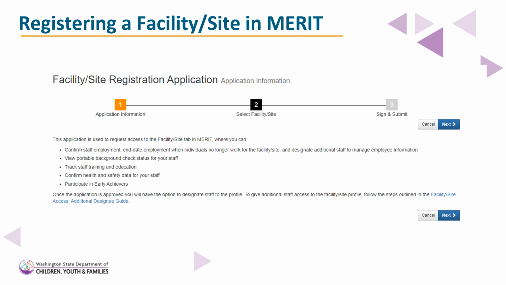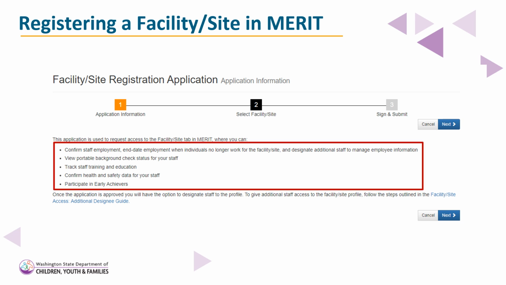Step 1 of the application is the application information. This section includes basic information about what an approved application will allow you to do, such as confirm staff employment, end date employment when individuals no longer work for the facility site, and add and designate additional staff to manage employee information.